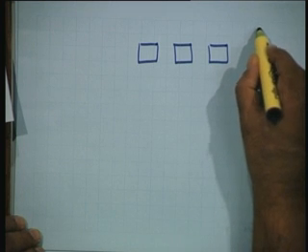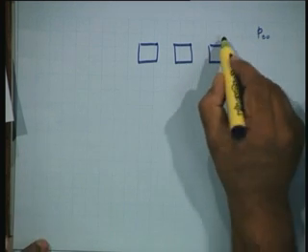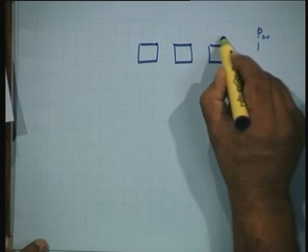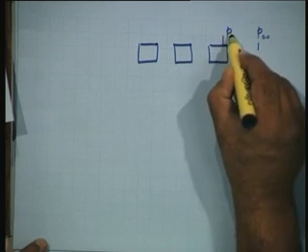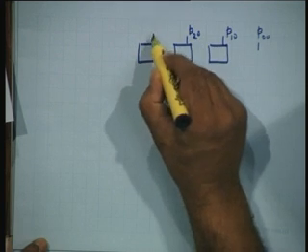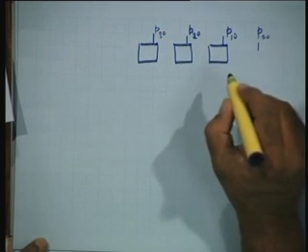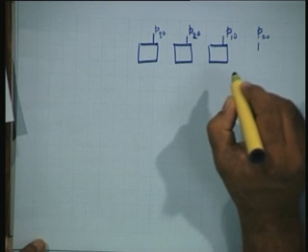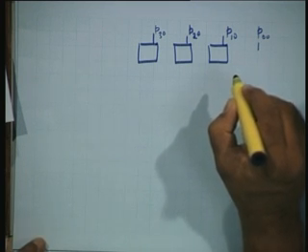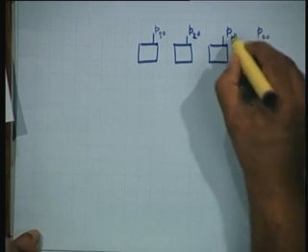Okay, P00 actually will stand alone. I will put P10 here, P20 here, P30, then next the second index will be 1.